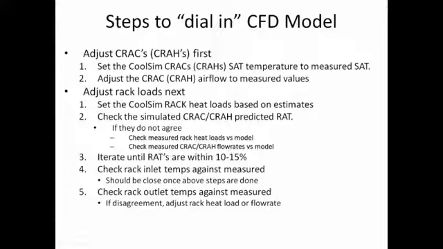As long as you're within 10 or 15% of what's being measured, you're in fairly good shape, because remember, in CFD we're creating a mesh over the entire inlet or outlet of a surface. So for a cooling unit, we've got sometimes 1,000, 2,000, sometimes more individual measurement points that we're doing calculations on.